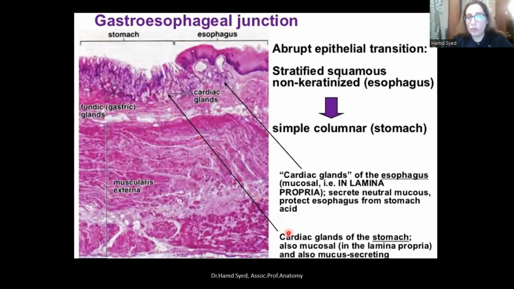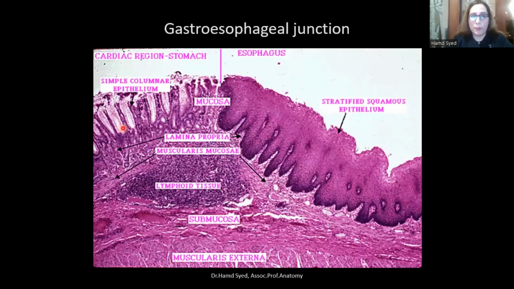Here also in the mucosa, the cardiac glands are present in the lamina propria. So you can see these glands easily. The rest of the layers are the typical layers which are present in the gastrointestinal tract. Below the mucosa, you can see that there is the submucosa and then the muscularis externa, and external to that will be the serosa.